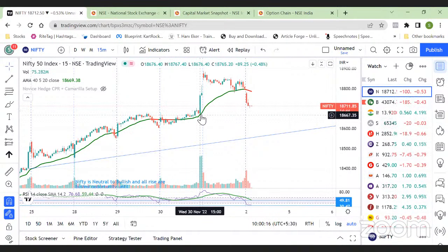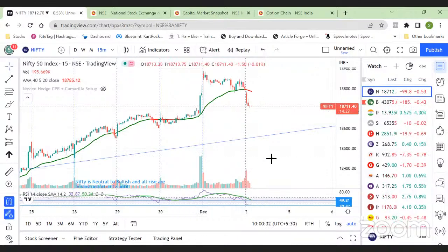So this is a place where, see, if you remember, I think this happened day before yesterday, in the last 1 hour, last half an hour, there was a big bounce, right? Okay, so this is very important. If you see here, this is where a big volume of buying has happened.